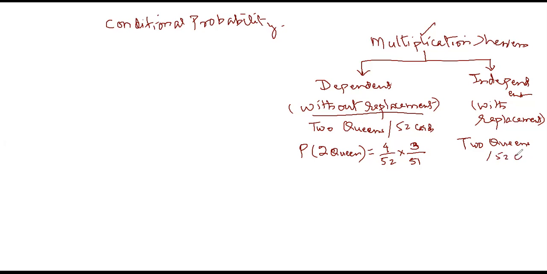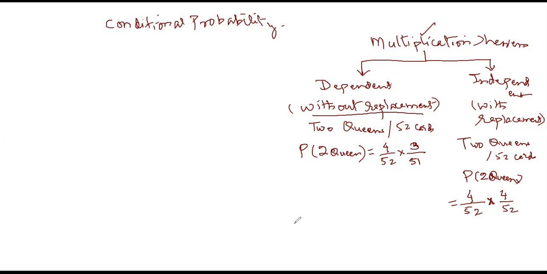So in that case, the probability of these two queens will be: first we select 1 queen out of 4 queens in 4 ways, and the total number of ways is 52, and then again we put it back in the pack, well shuffle it, and then take out again. Then we can again select 4 out of 52.